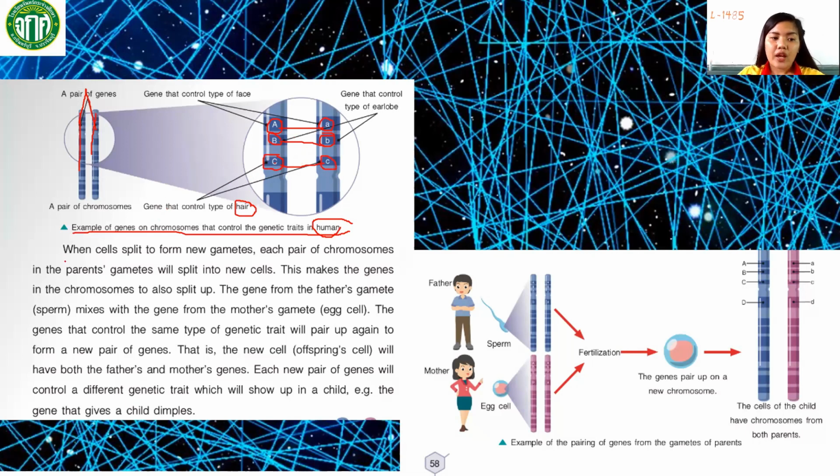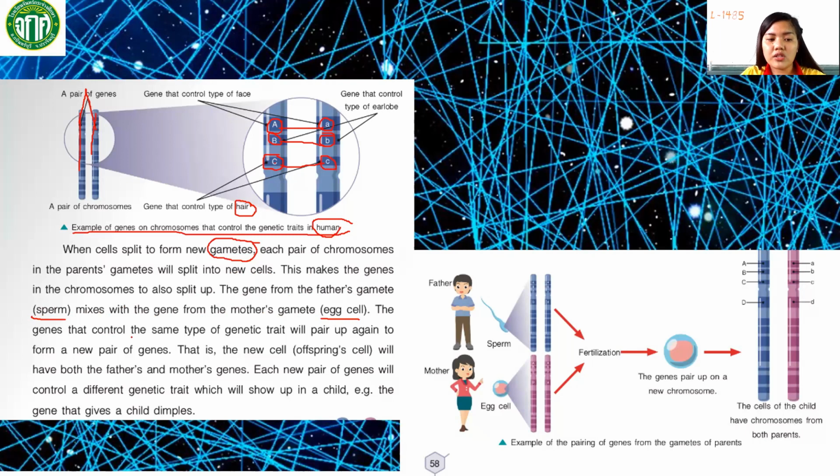Right. So when cells split to form new gametes, when we say gametes, these are the sex cells, right? Each pair of chromosomes in the parents' gametes will split into new cells. This makes the genes in the chromosomes also split up. The gene from the father's gamete, or the sperm, mixes with the gene from the mother's gamete, that is the egg cell.